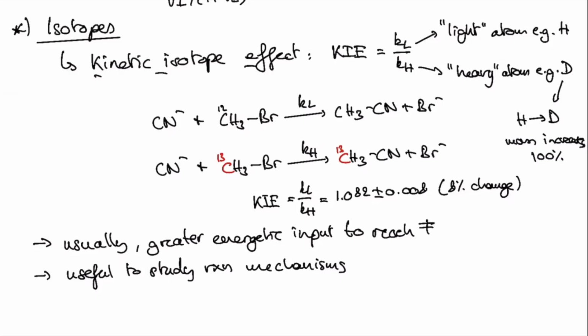So people use that. They think, okay, what do I think is the mechanism? Where can I put a carbon 13 or a deuterium to change the rate constants? I measure it under the same conditions. If the rate constant is really different, then I can prove that that atom is really involved in the reaction mechanism.